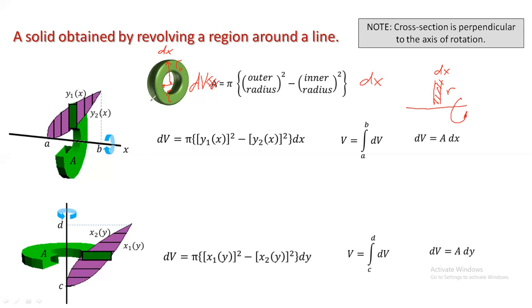So one thing, don't forget, that is why I mentioned it earlier, the cross-section should be perpendicular to the axis of rotation.